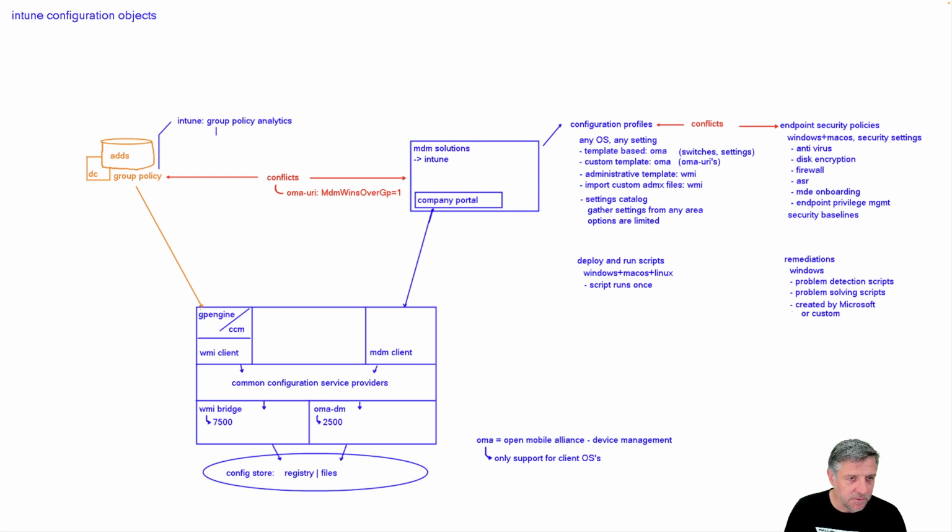It allows you to import a gpresult.xml file into Intune. gpresult.xml is what you get if you do a backup of your group policy. It will then check if the settings in that group policy are also supported using mobile device management and OMA.